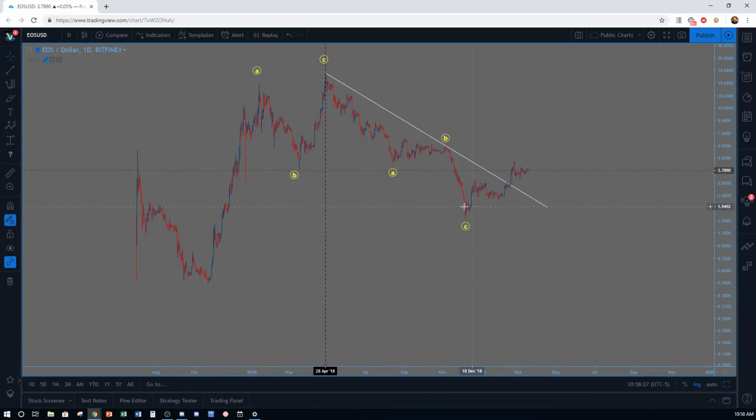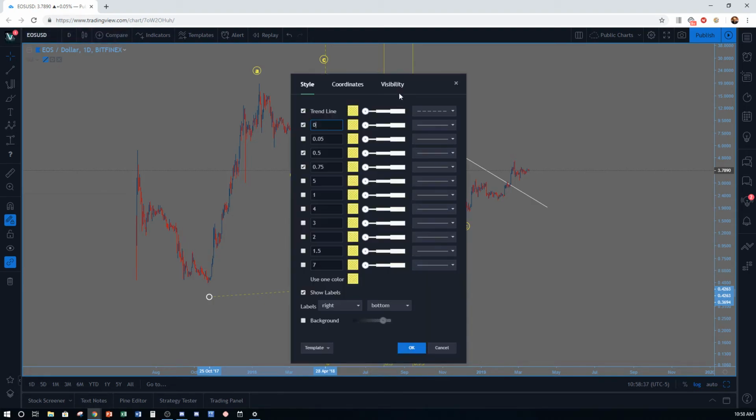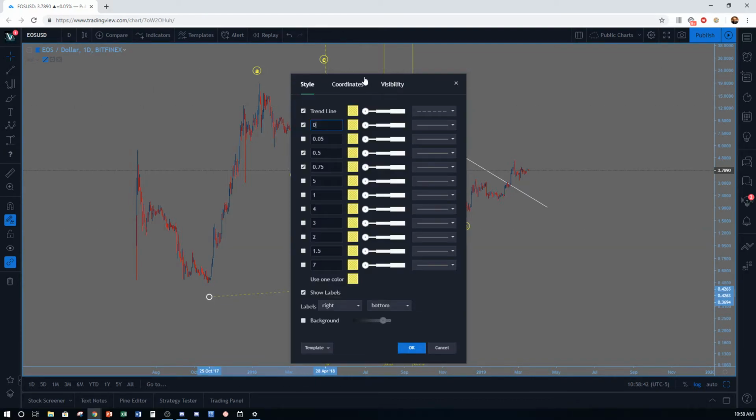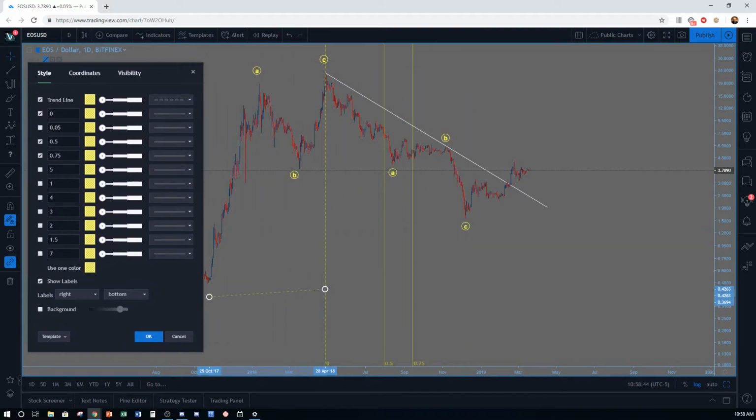If this is just a correction of this move, what should it do in terms of time? Take those guys off. We've already taken as long, not quite 2x as long.